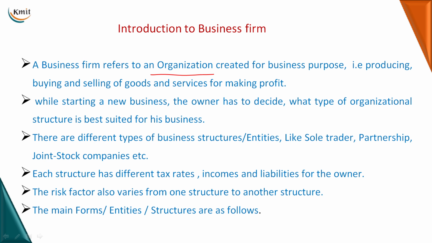which includes how it runs, who owns it, and how profits are distributed, and tax liability, as different structures are taxed differently, and different levels of personal liability are applicable for the owners as well as the managers.